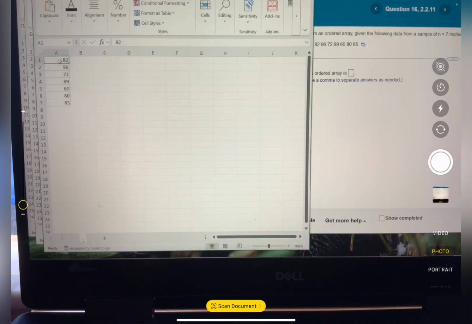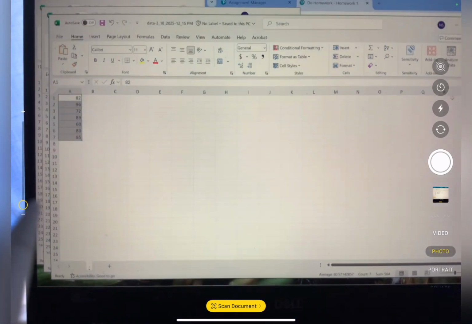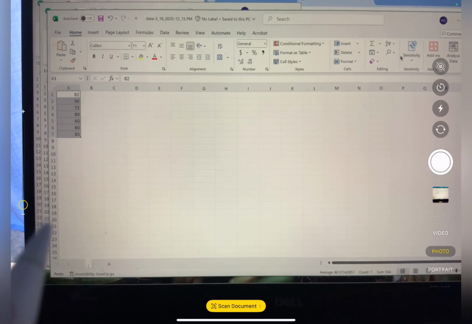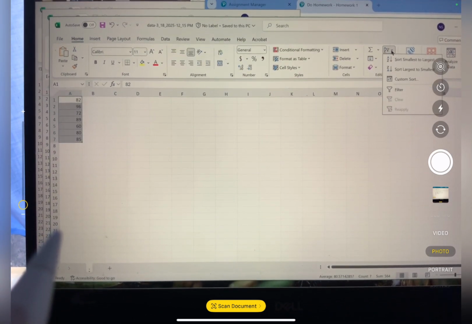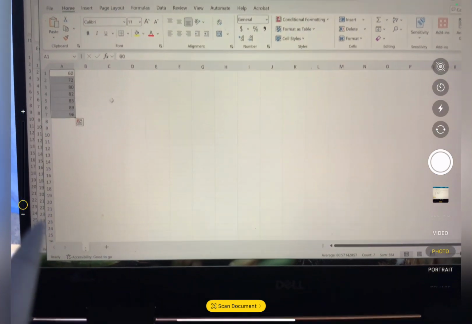So what we are doing, highlighting, and then we are going to where sort is, remember, on the home page. Here I am on the home page. Where is my sorting? Here. Sorting this from smallest to largest. Yes, here we go. We got it.